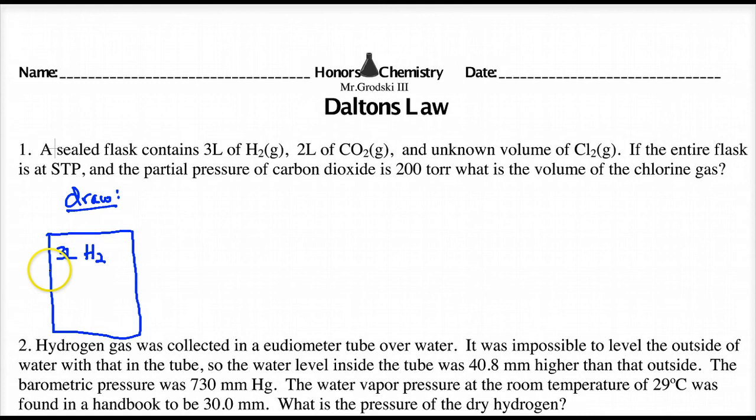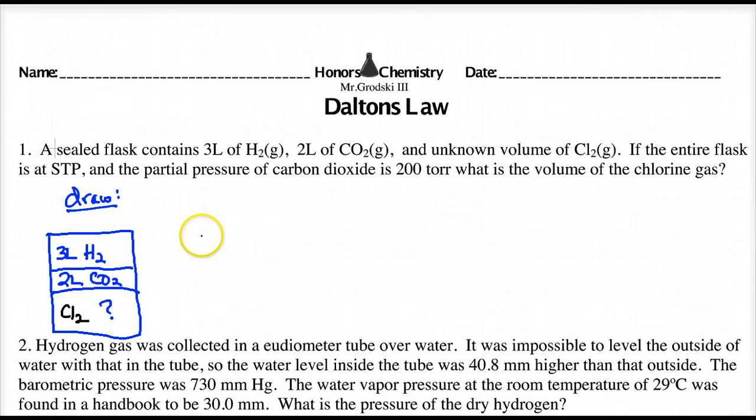So I got 3 liters of hydrogen. I'm going to put this line here to show you that proportionate amount. I've got 2 liters of CO2, and I'll put that a little smaller. And I have some unknown amount of chlorine. Okay, and that's my setup.